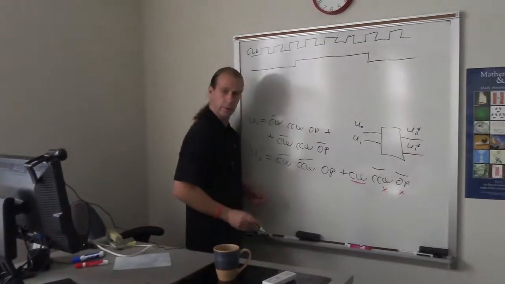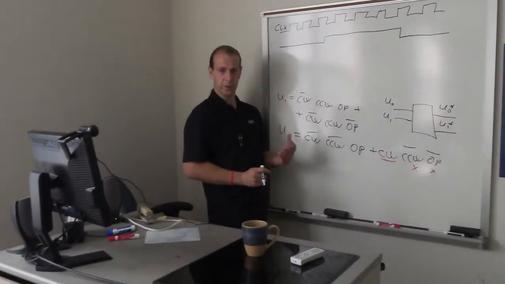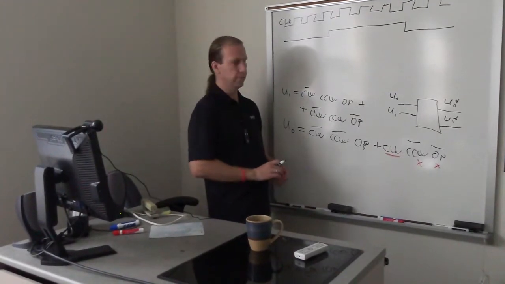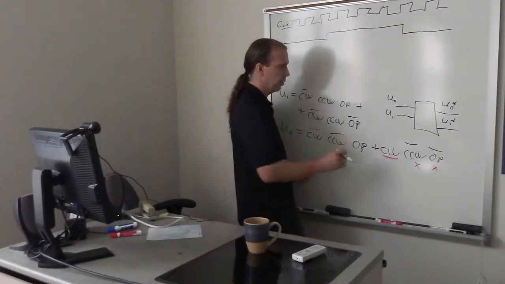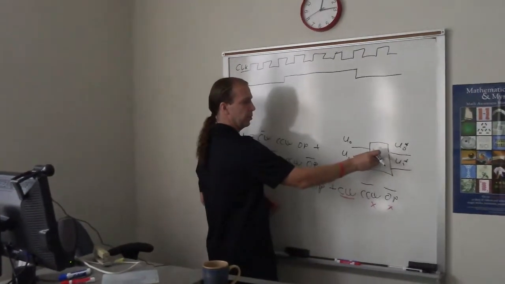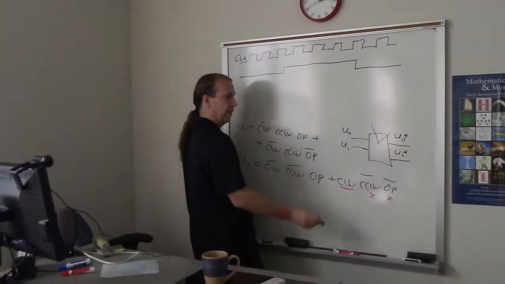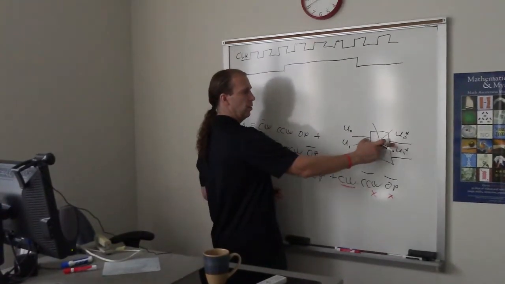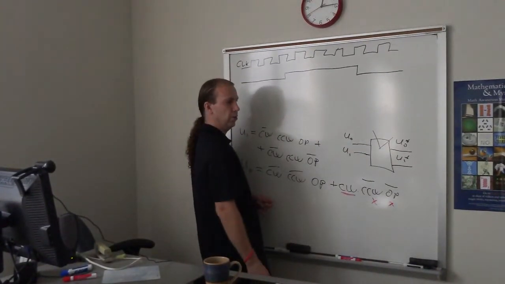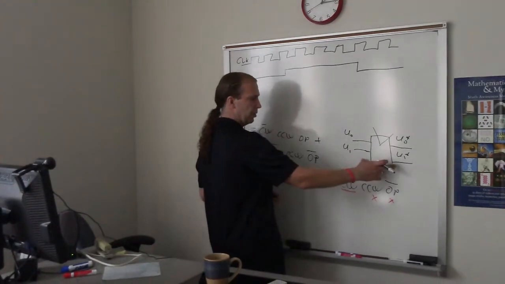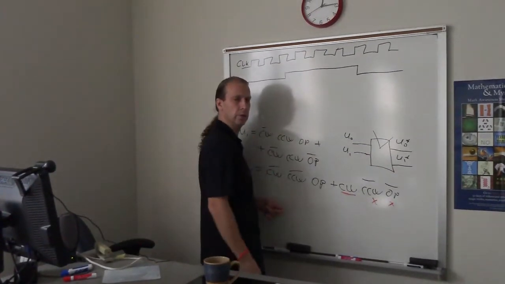Inside that block, we want to have another pair of triggers. So what I'm going to draw here is what we have inside that block. But I will draw it only for one channel, for the U0 channel. The same logic, the same circuit will be for the U1 channel.